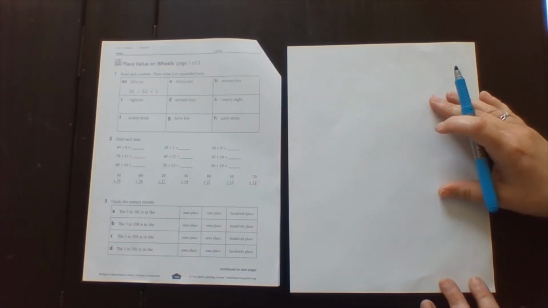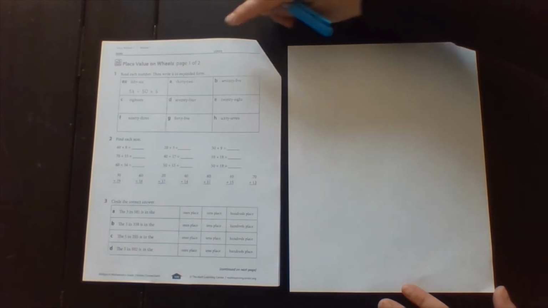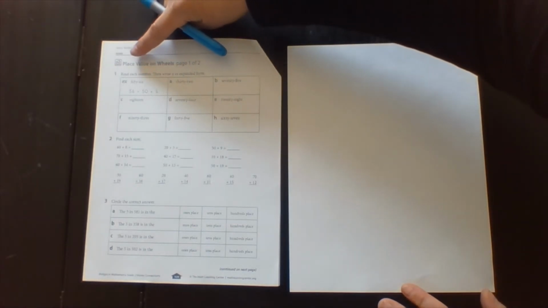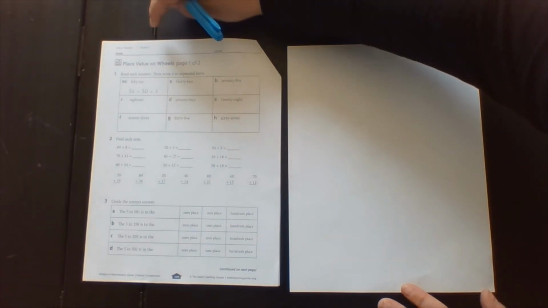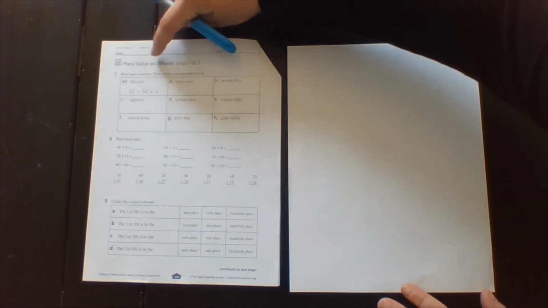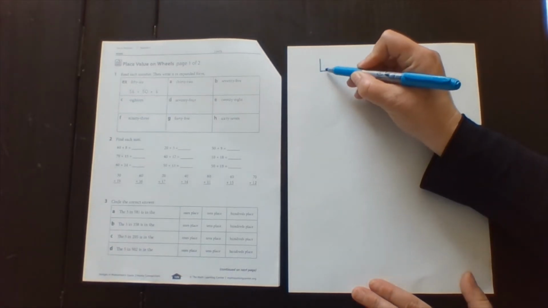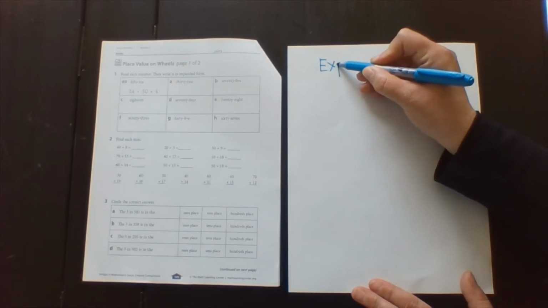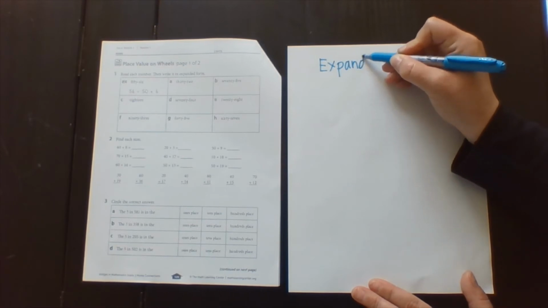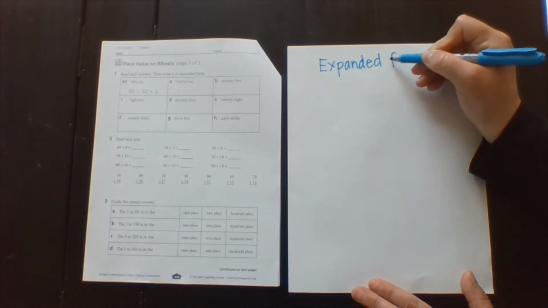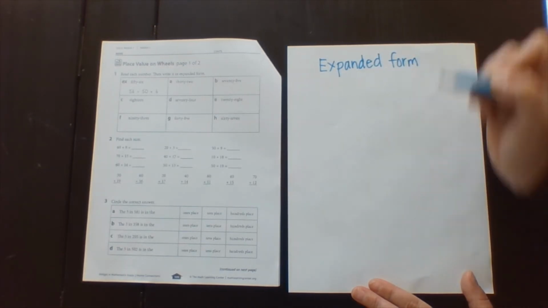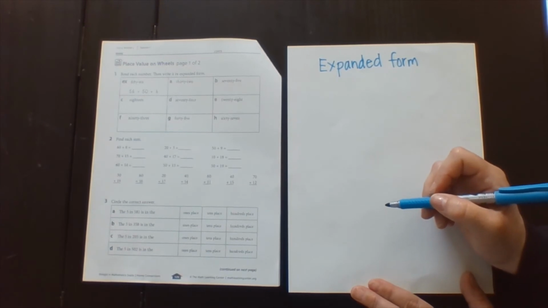So boys and girls, in your work this week, you will see some more work that we get to do with place value. And this activity is called Place Value on Wheels. The first one, it asks you to think about those numbers in expanded form. And when we look at numbers in expanded form, we think about the place value that we were just talking about.